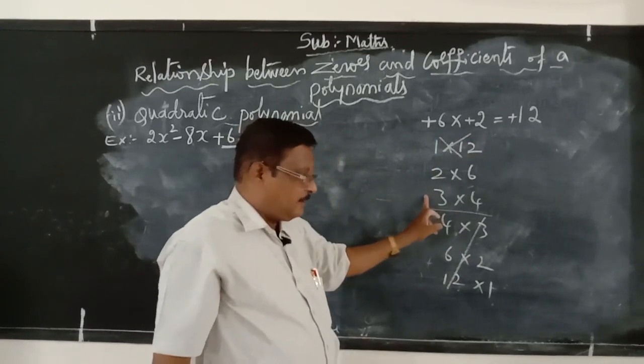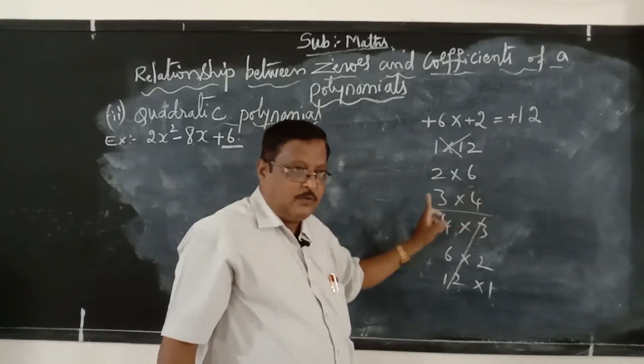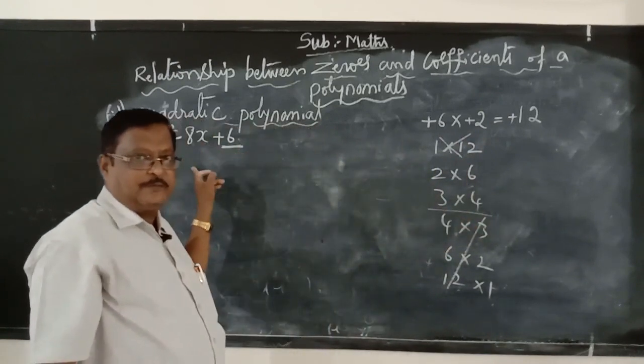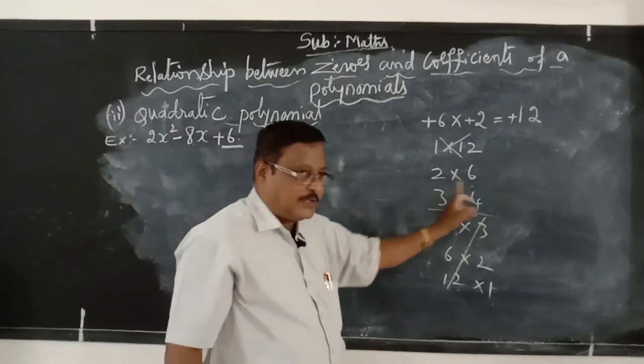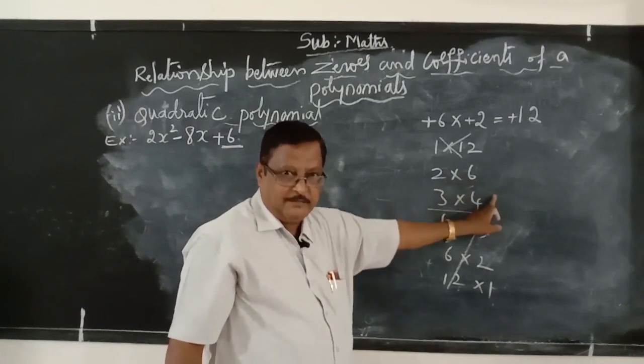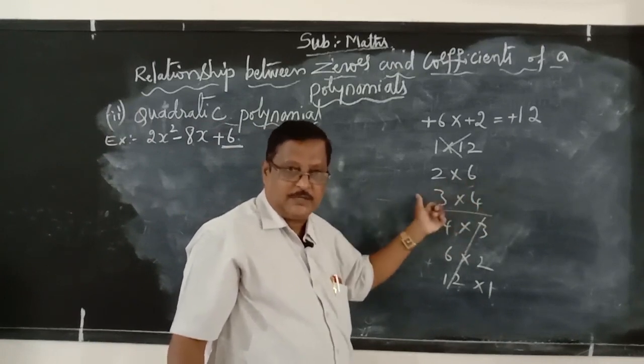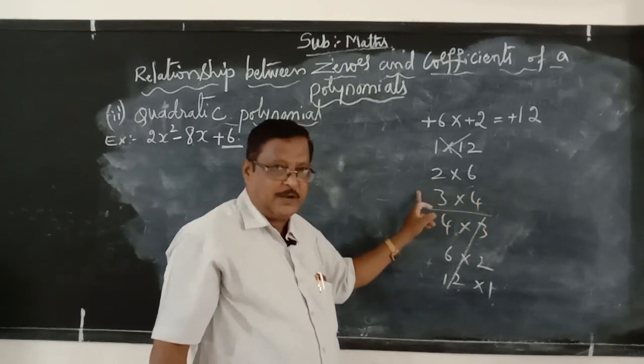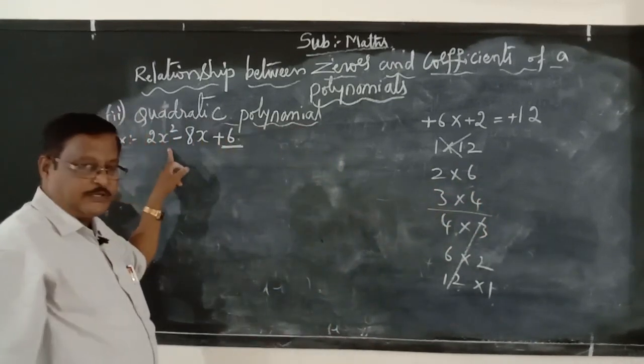Next you compare here 3 into 4. When you are adding, 3 plus 4 is nothing but 7. 7 is not the coefficient of x. Here subtracting each other, 4 minus 3 is nothing but 1. 1 is also not the coefficient of x.